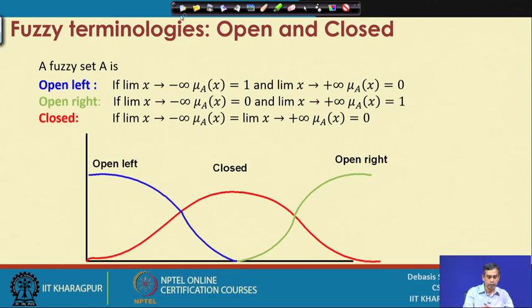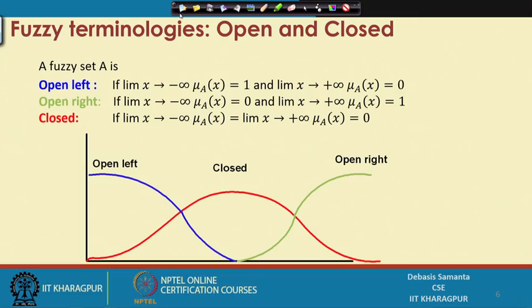Similarly, for closed, if for x tending to minus infinity and x tending to plus infinity the value is 0, then such a fuzzy set is called closed. So there are three different forms of a fuzzy set: open left, open right or closed. Any fuzzy set belongs to this category only.